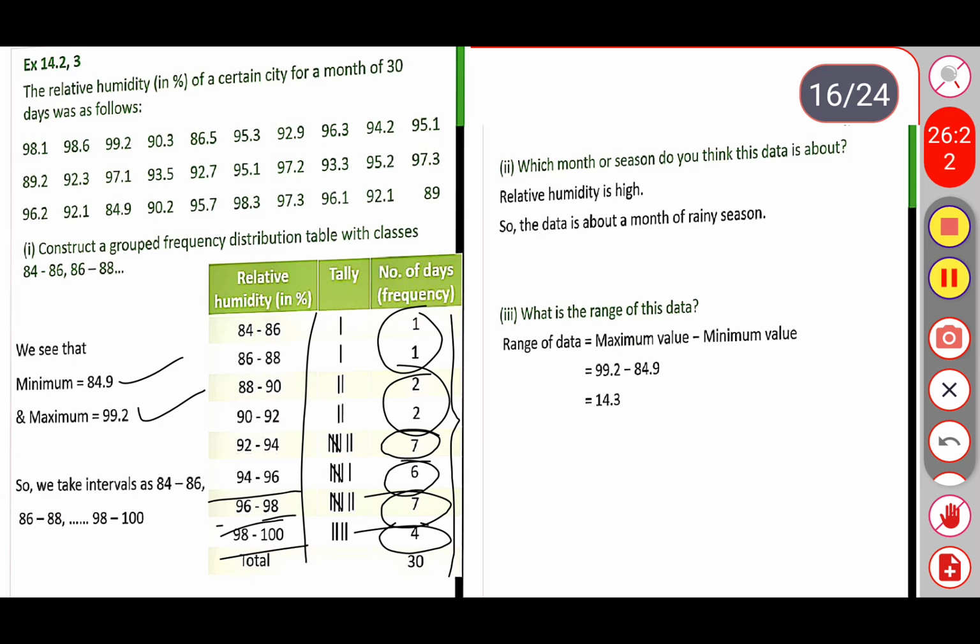We can calculate it using the formula: range is equal to highest value minus lowest value, or maximum value minus minimum value. The maximum value is 99.2 and the minimum value is 84.9. Therefore the difference of these two values is 14.3. Hence the range of the given data is 14.3.